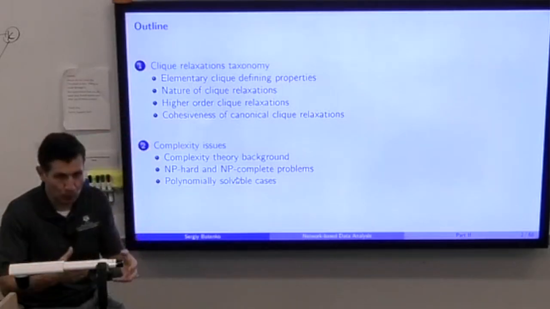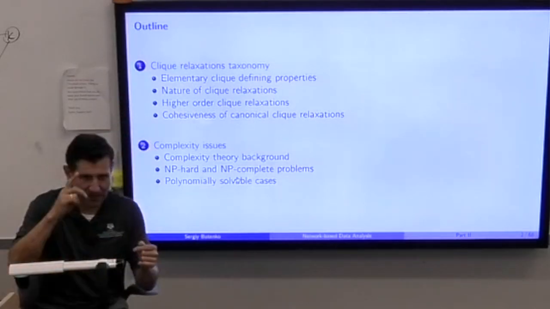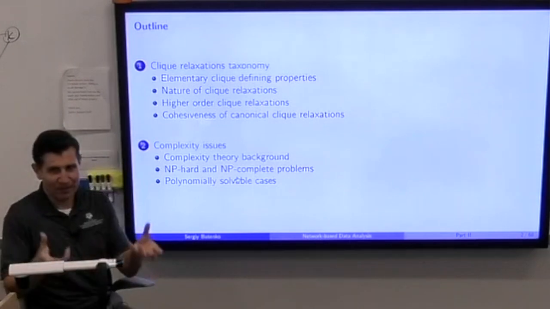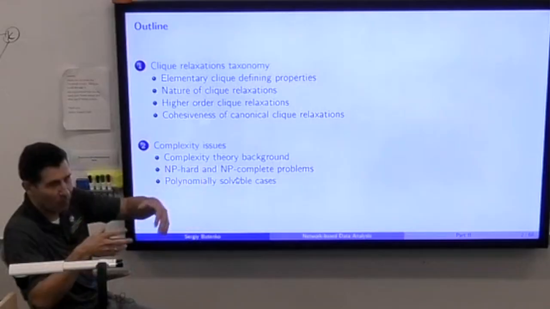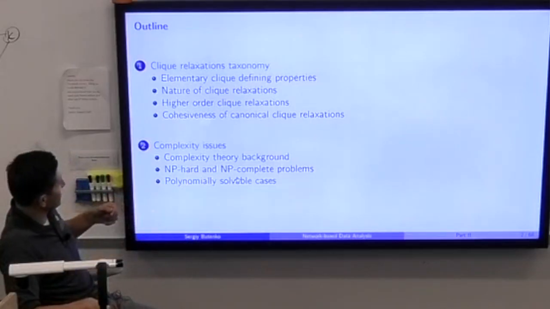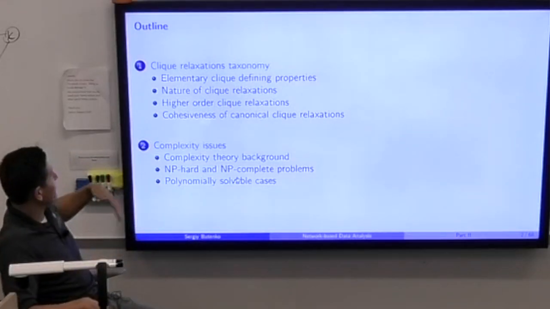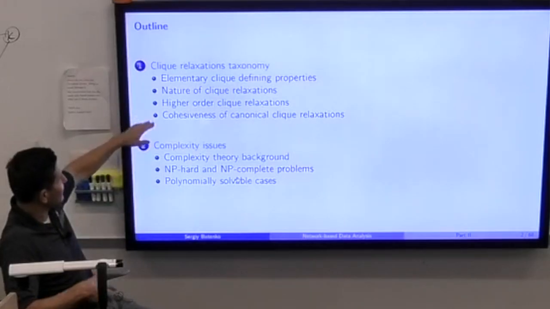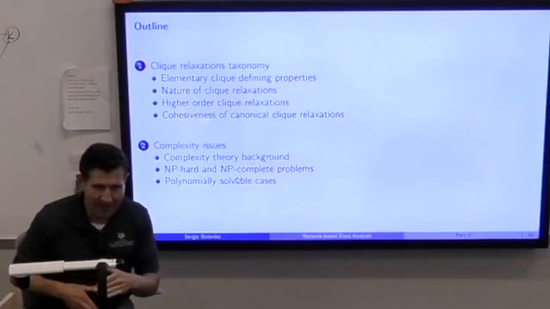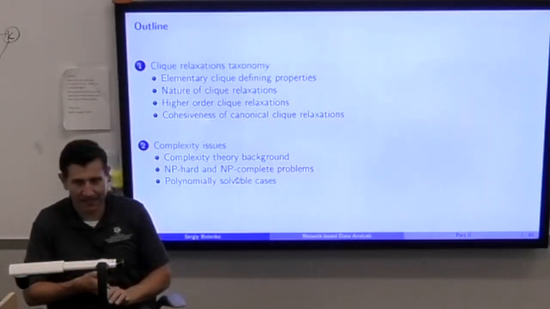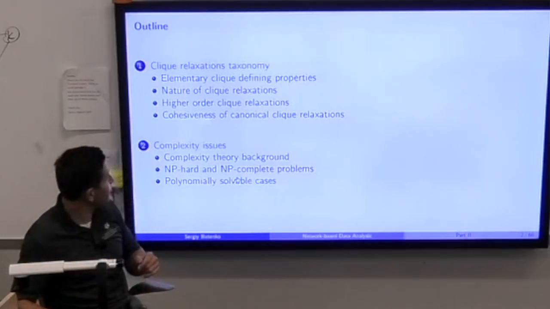Higher order would be something similar to this lambda gamma quasi-clique, when you're considering a couple of different elementary clique defining properties combined to define the clique relaxations. And then the last topic here will be trying to understand the cohesiveness of what we call canonical clique relaxation. All of this will be discussed in more detail later today.